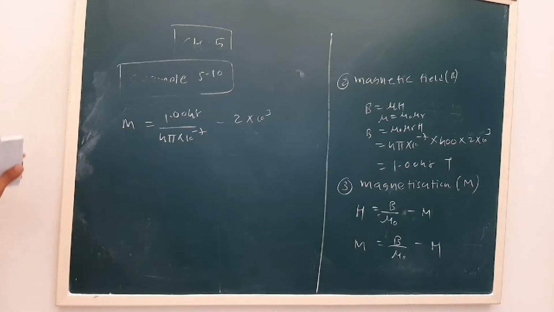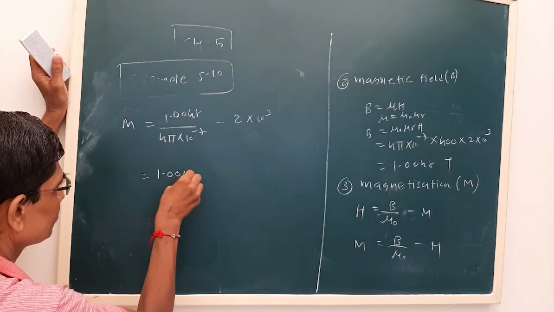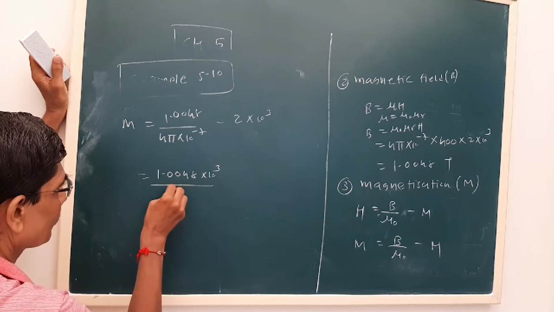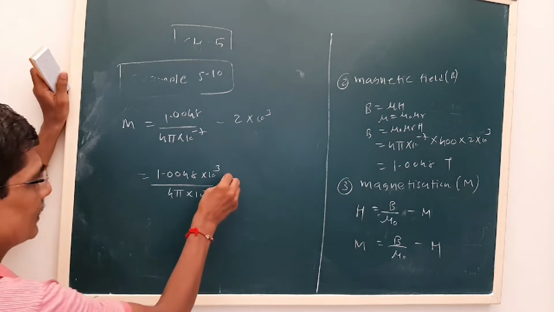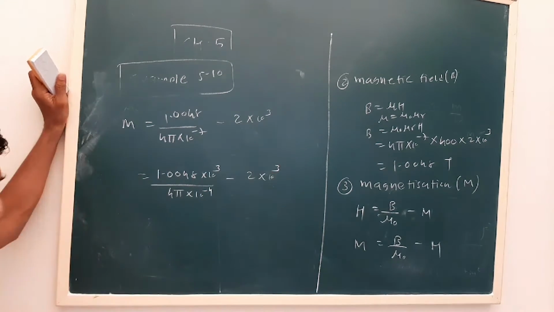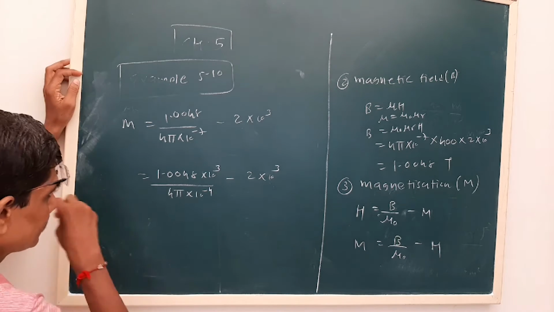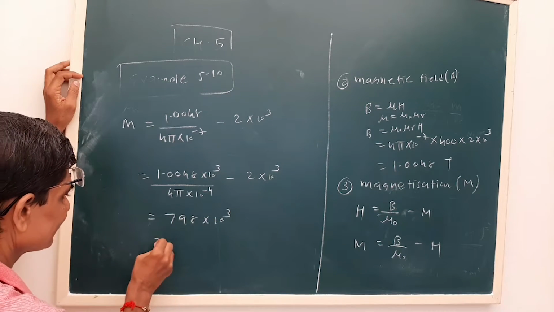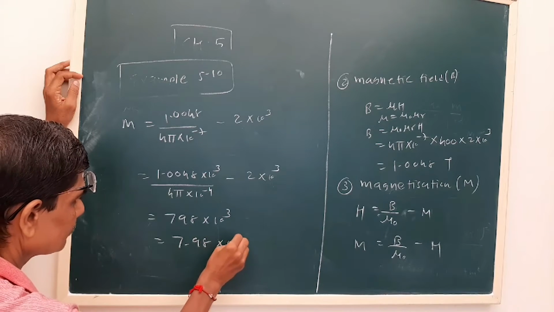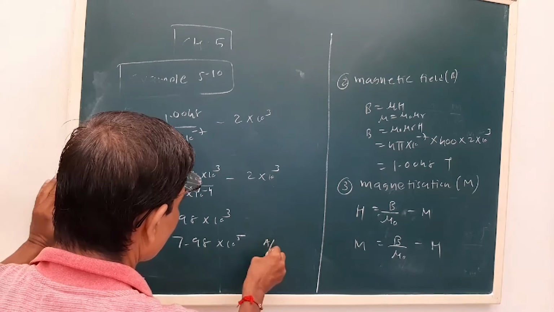So you should convert this in terms of powers. 1.00 minus... okay, now so then you can obtain 798. Now see, what is the unit of magnetization? The unit is again ampere per meter.